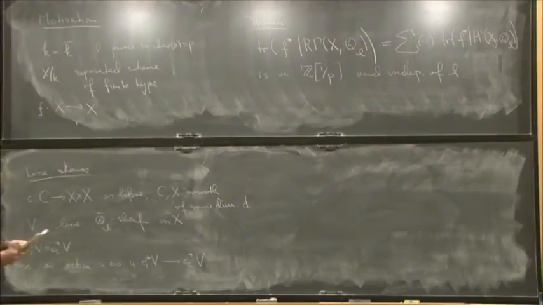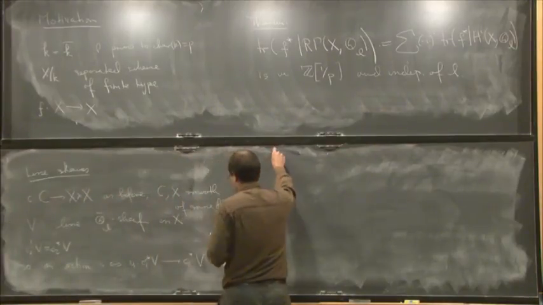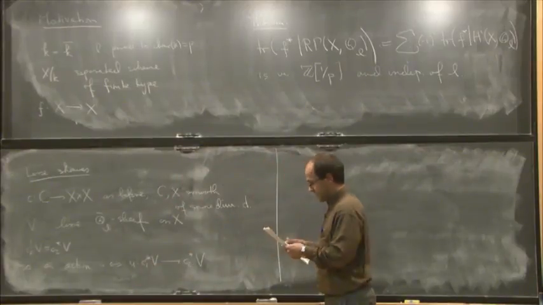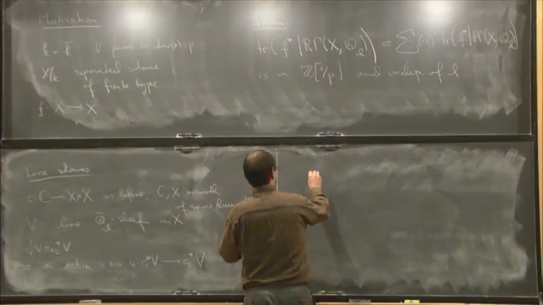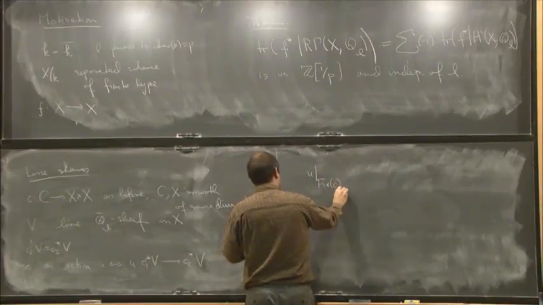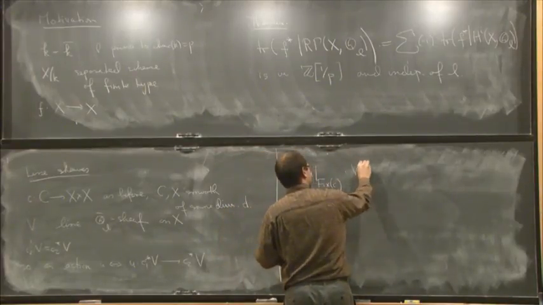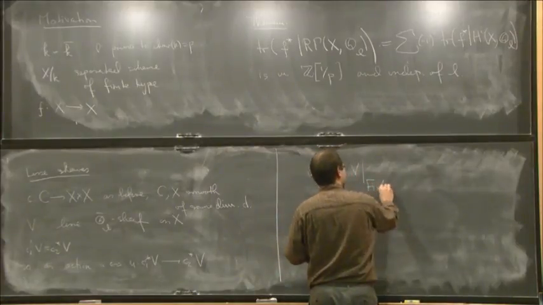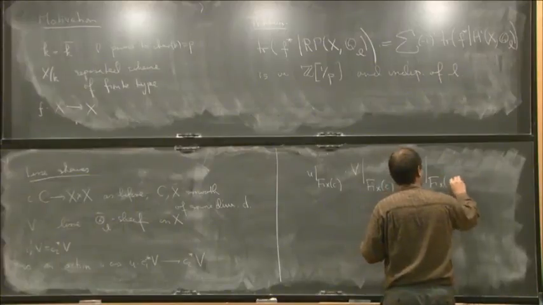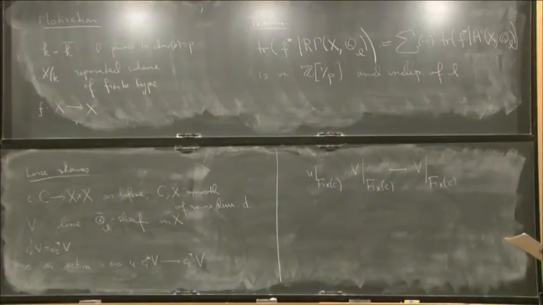And what you can do now is just restrict this map to the fixed point locus. And so you can think about U on the fixed point locus. That's just an endomorphism of V restricted to the fixed point locus to itself. And you can just take its trace, right?